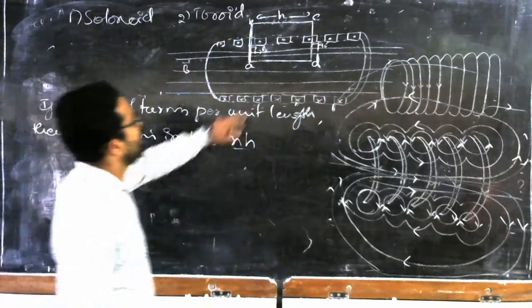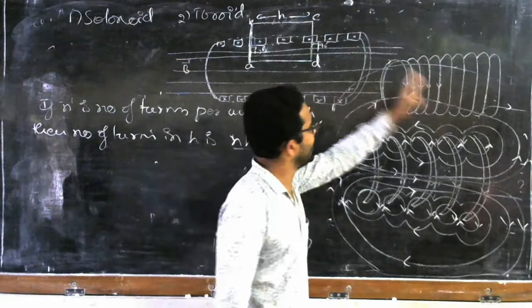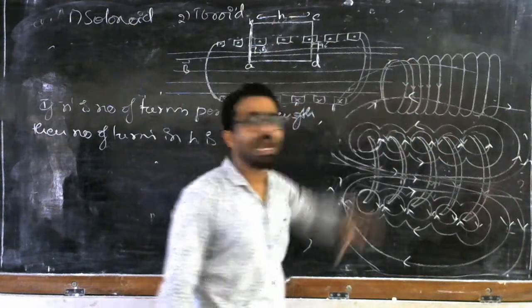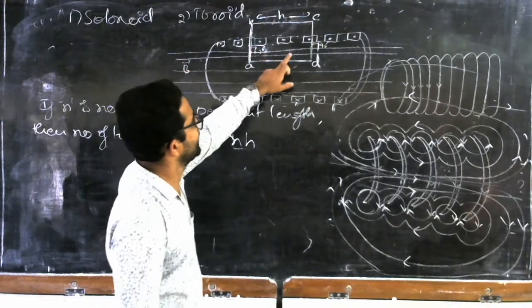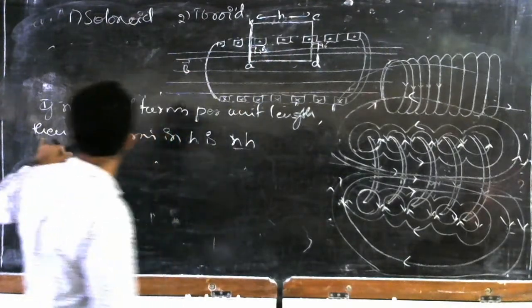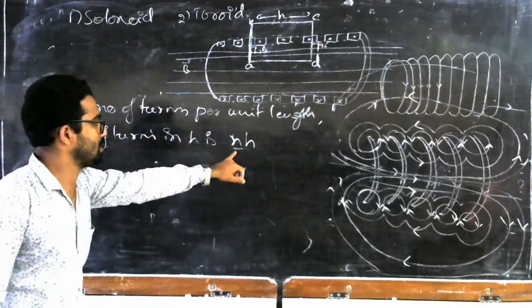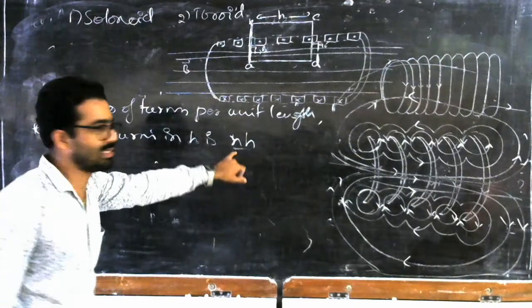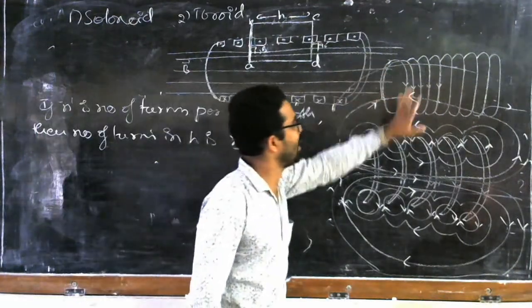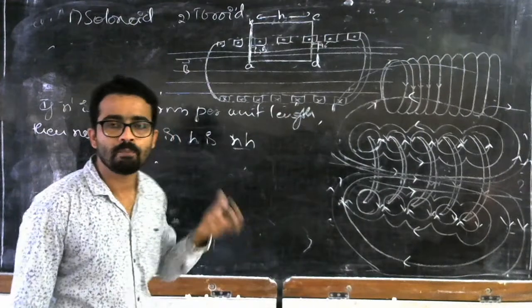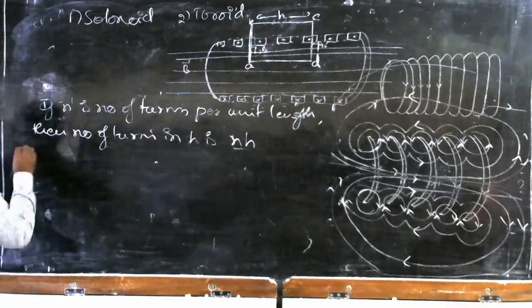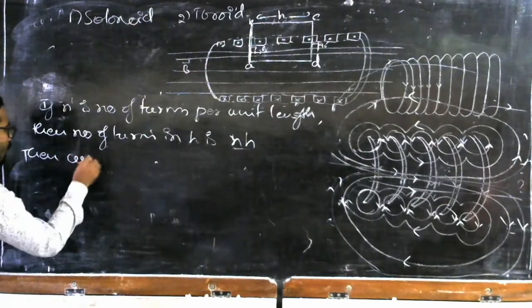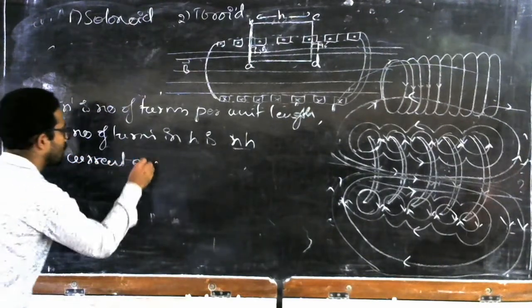Now through this solenoid, there is a current I. Then what is the current enclosed by this length? By this number of turns, N h, I is the current going through the whole solenoid. Then what will be the current flowing through this number of turns?